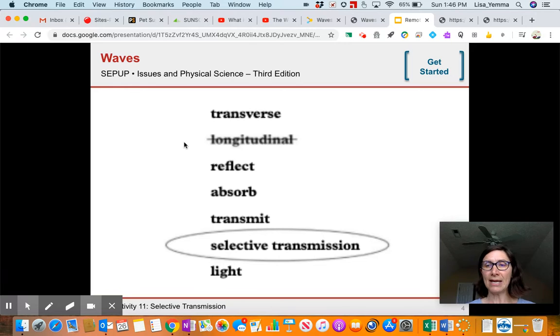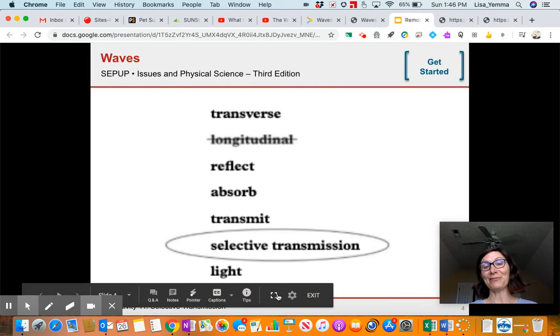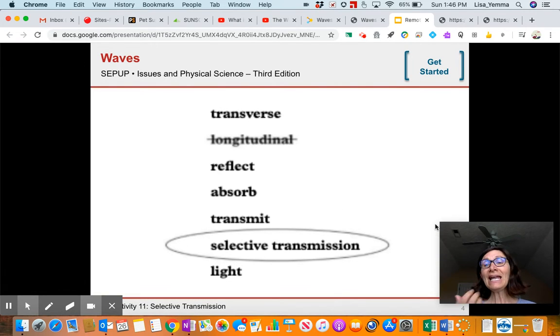Here is an example of a sort of best choice scenario for these terms. Longitudinal, those parallel waves, we really haven't been talking about them for a while. I also do want you to notice down on the bottom for activity 11 here. So at the bottom of the screen where it says activity 11, the name of this activity is selective transmission.